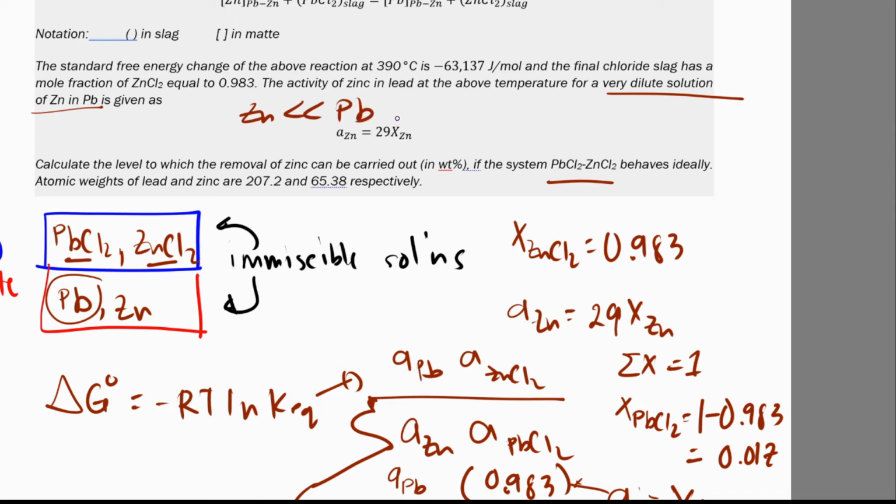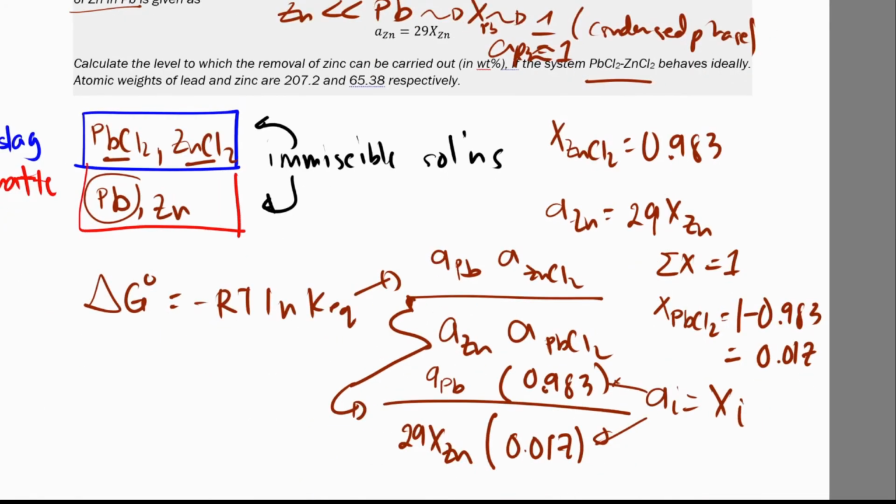If that is the case, then the X of lead is approaching 1, or we can treat lead as if it is a condensed phase. And if lead is a condensed phase, we can treat the activity of lead as equal to 1. We can approximate that. Activity of lead is equal to 1.